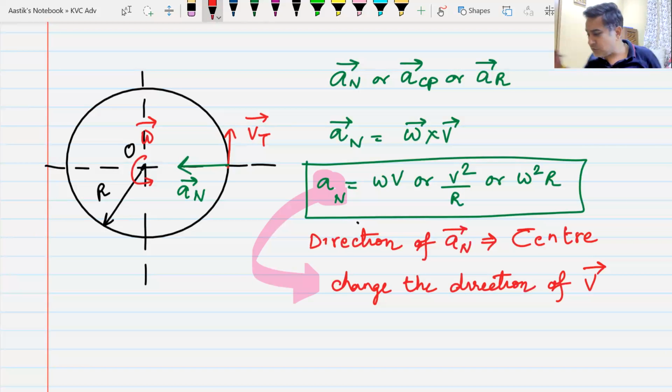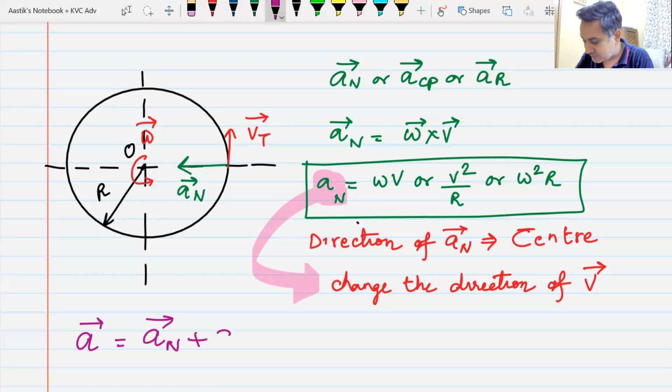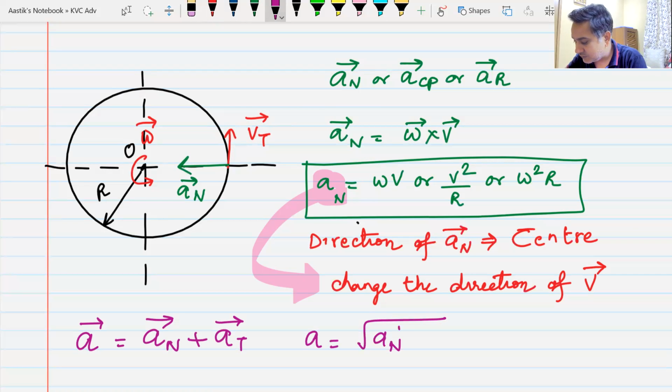And now we come to our old hero, total acceleration A. This acceleration can change the magnitude, it can change the direction, it can change both. Therefore, it is the vector sum of an plus at. Do we understand this? Yes, sir. Magnitude wise, it will be root over an square plus at square.